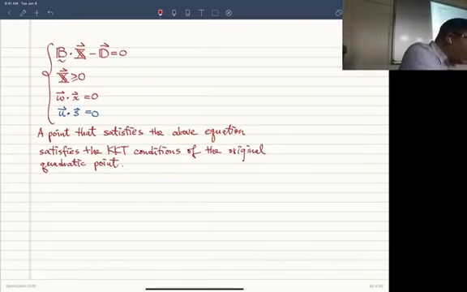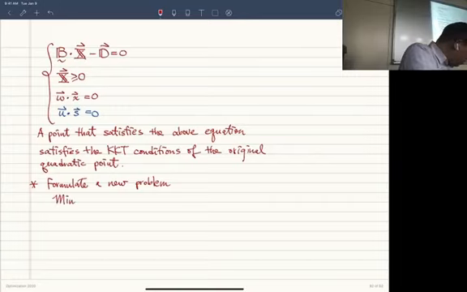So the following step is to formulate a new problem. When we formulate this new problem, we minimize a summation of capital Y. Maybe let's not use capital Y because we had variables called Y. So let's use a symbol we didn't use.